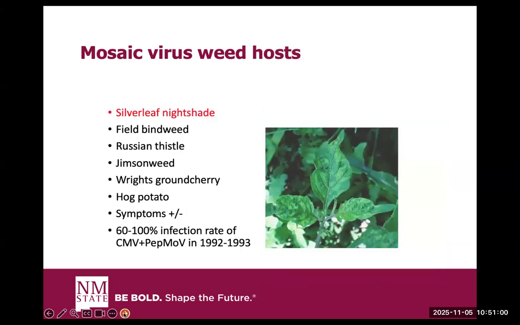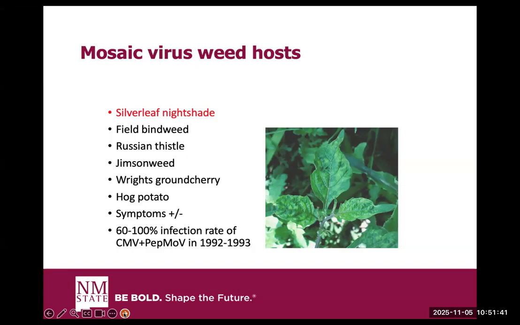All right, a little bit more about those weeds. Here is silverleaf nightshade, but these are things that we have found those mosaic viruses on: field bindweed, Russian thistle, Jimson weed, ground cherry, hog potato. They may or may not, and the key here is probably mostly may not, show symptoms on those weeds. The viruses there could be in. We have found alfalfa mosaic, which you may or may not find with everything else, but we have found a variety of those mosaic viruses.